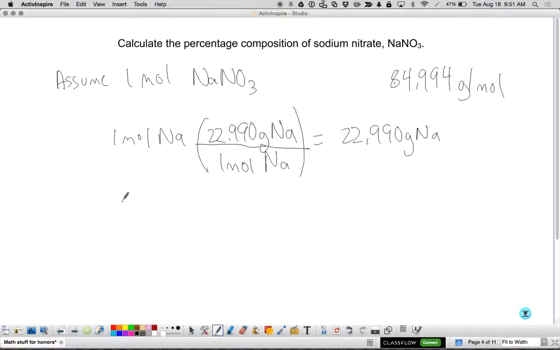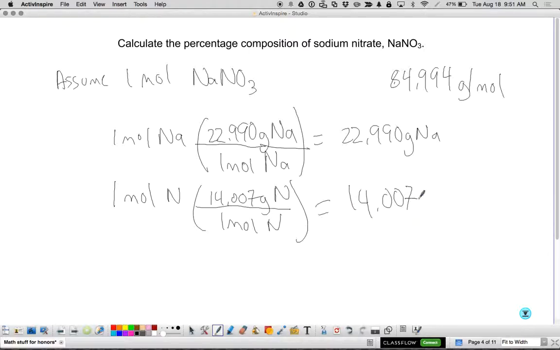I can do the same thing with nitrogen and with oxygen. The only thing that's different here is that oxygen has 3 moles for every 1 mole of sodium nitrate.